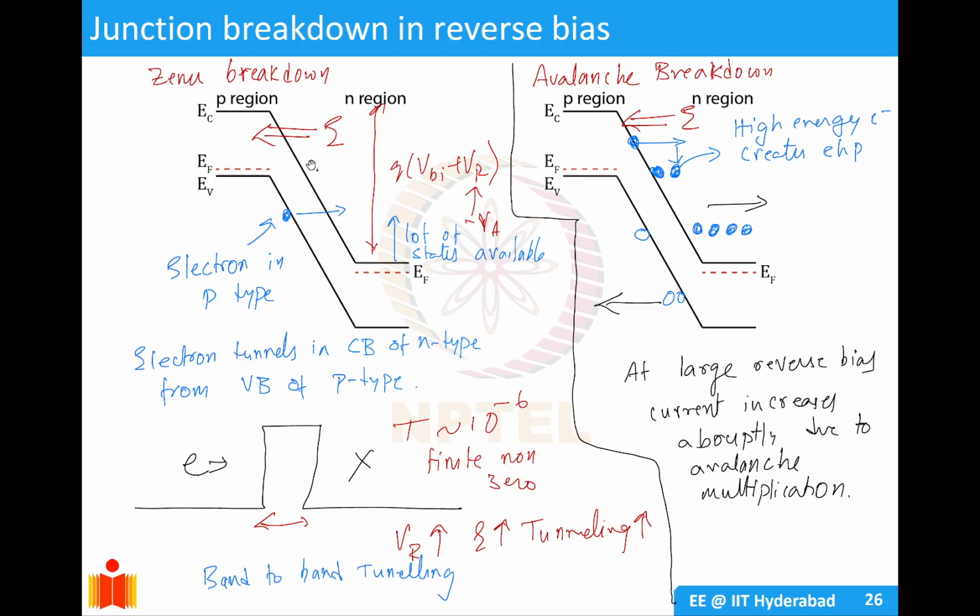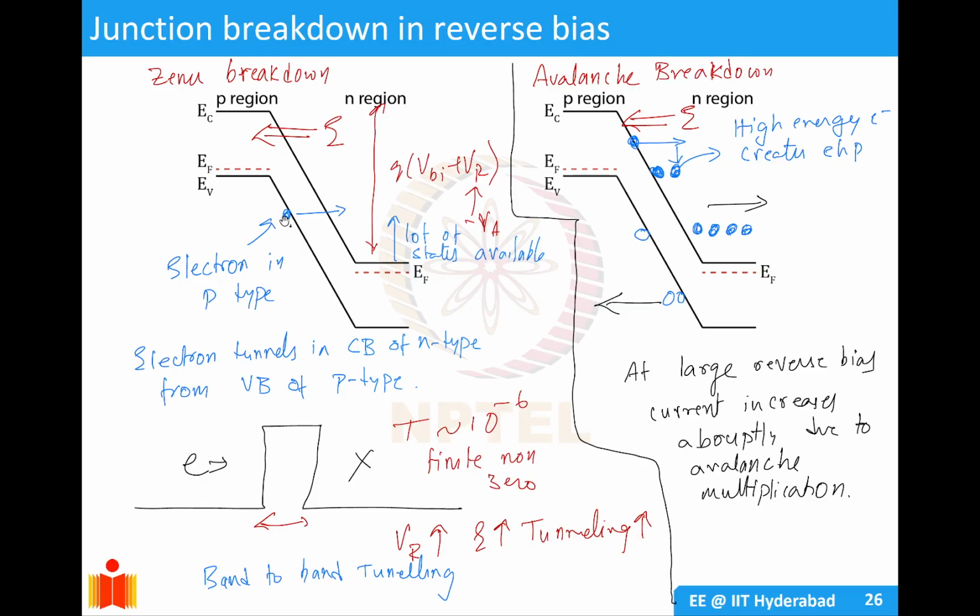In Zener breakdown, the junctions are doped very high, hence the barrier is very high and it becomes very narrow, and due to excess doping there are lots of free states available.